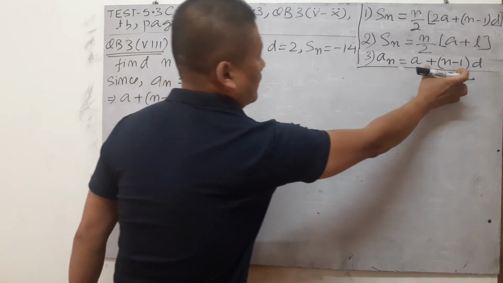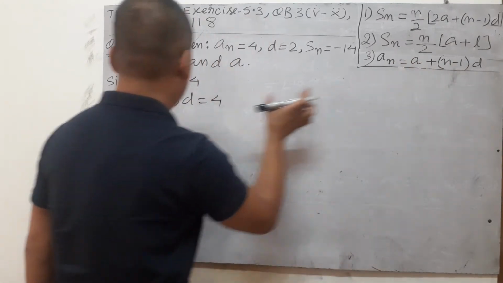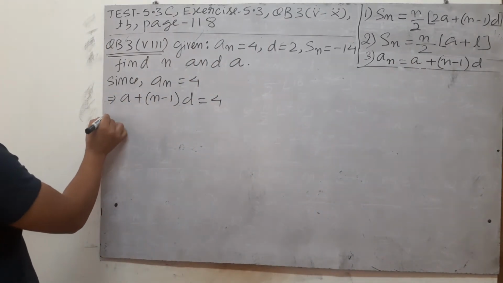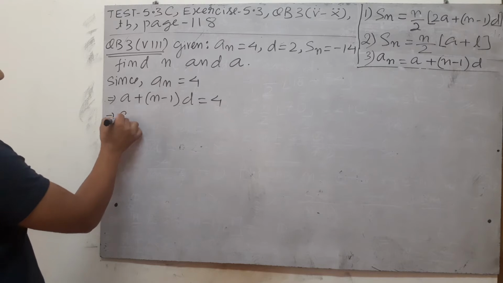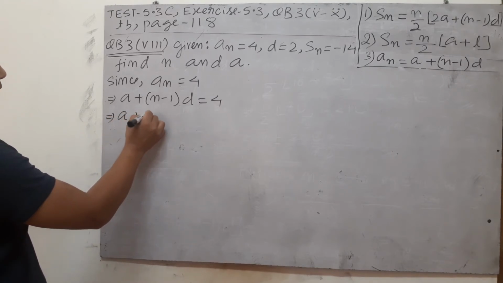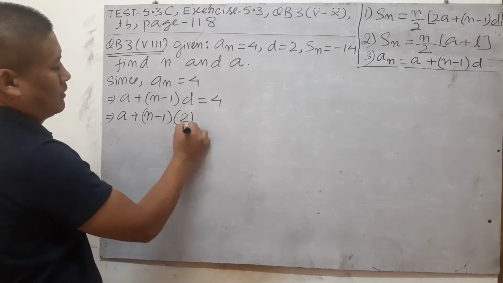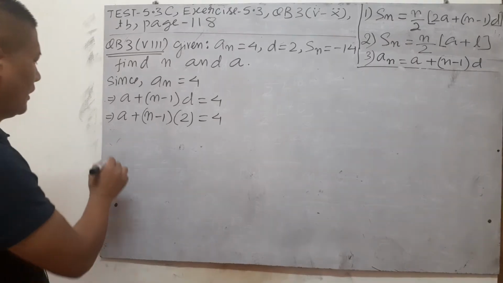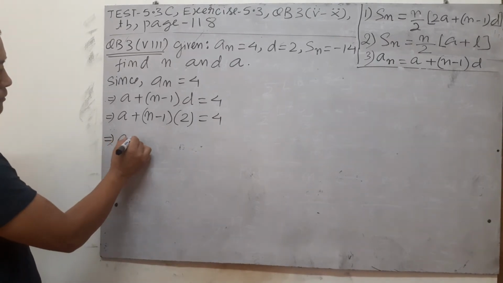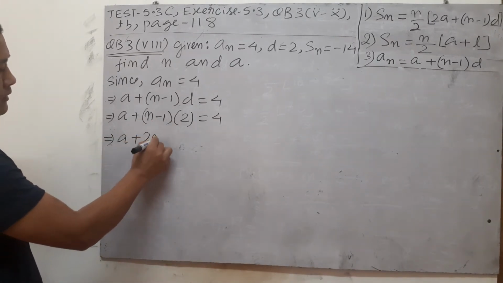So replacing an by this one, a is unknown, plus n minus 1 into d, its value is given as 2, is equal to 4. So a plus 2 into n is 2n.